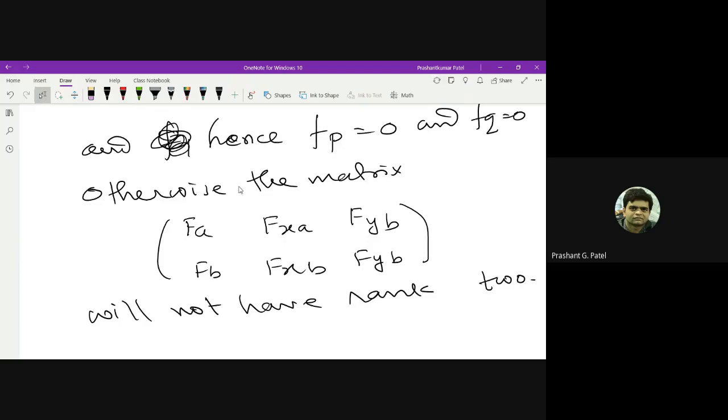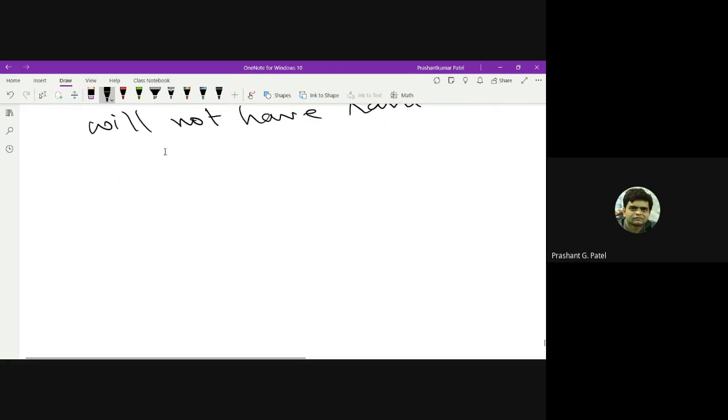Why? Because if this determinant is 0 and Fa and Fb are already 0, then the rank will not be 2. It will be less than that. And we have started with the complete integral, and the singular integral has to have rank 2. So this contradicts the fact that z equal to f of x, y, a, b is a complete integral.